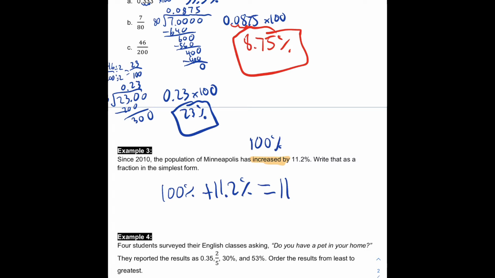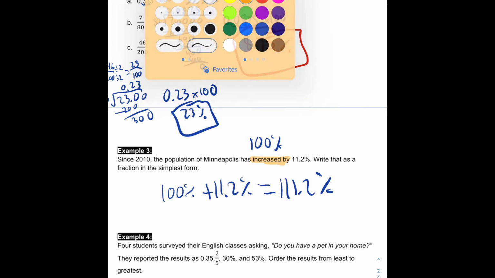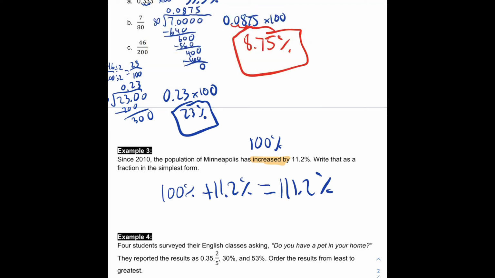So 111.2%. And then if we wanted to write that as a fraction, I'm going to move it over 2, divide it by 100. So I have 1.112. That's 1 and 112 over 1,000.